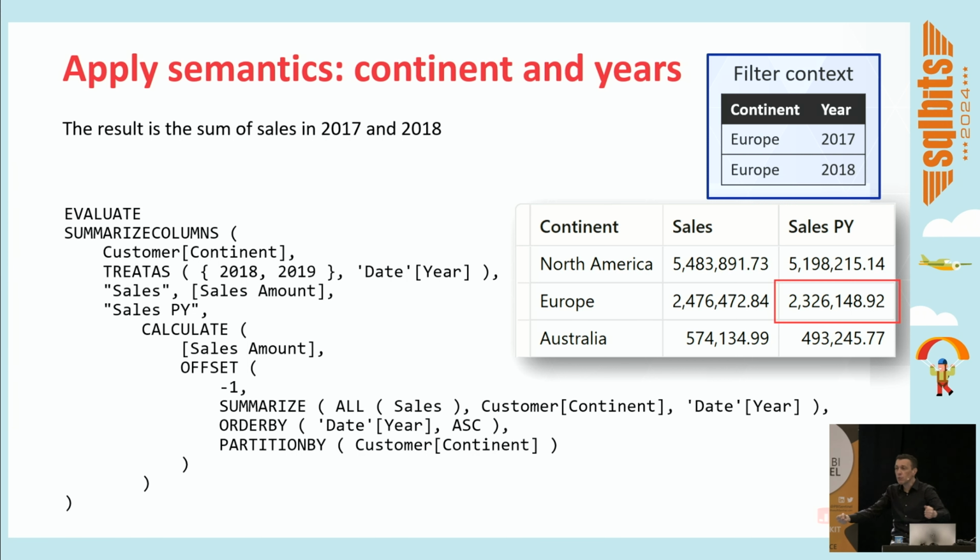But in order to explain what happens when that value is not visible, you have to understand that the internal behavior is actually an iterator over all the values, and it applies that offset to all the values, and the result is the union of all these rows. So this is something that you have to be aware of, because if you use this function in a measure, it could be used in a situation where you don't have a single year selected.